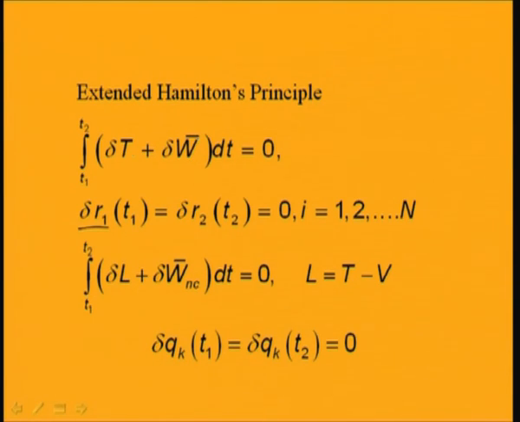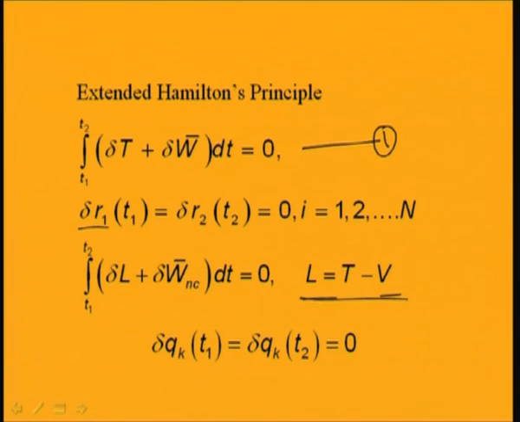In terms of the Lagrangian, you can write the same expression like this. Already you know the Lagrangian equals T minus V, so you can write the expression as integral from t1 to t2 of del L plus del W bar nc dt equal to 0. Using generalized coordinates, del qk at t1 equals del qk at t2 equals 0.